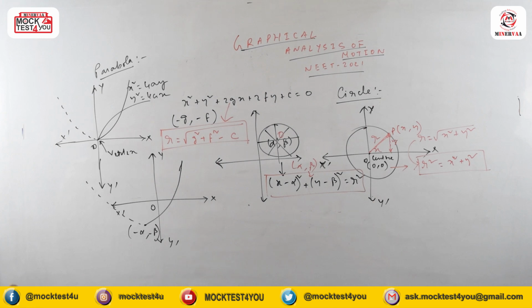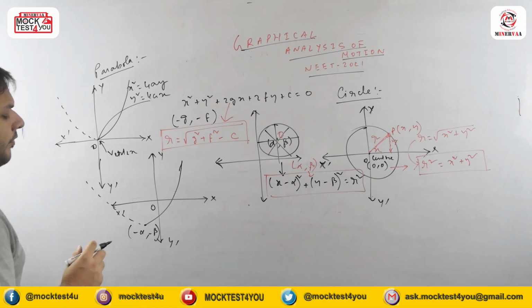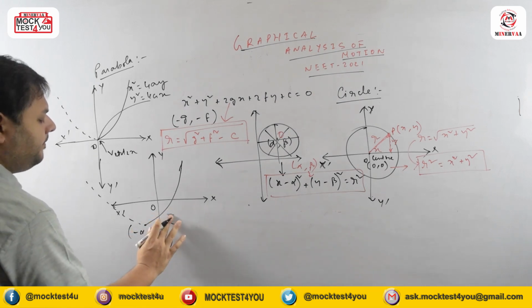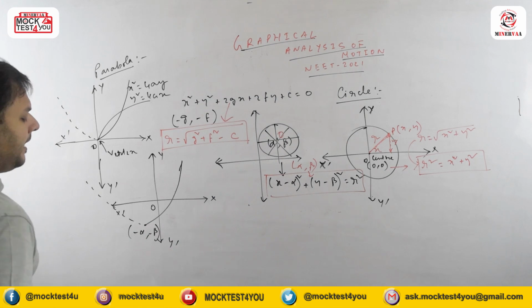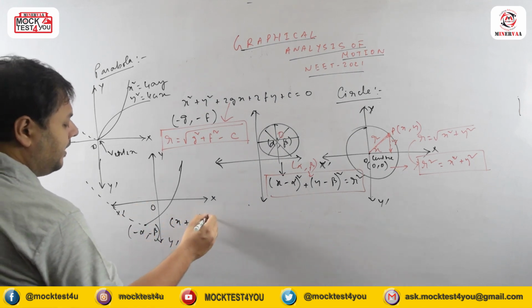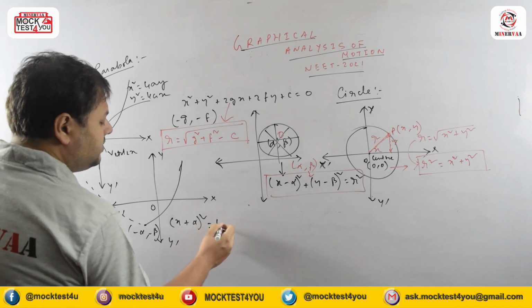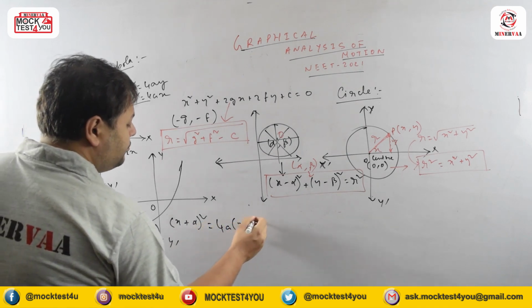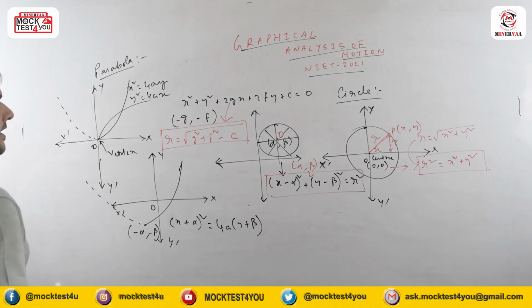So here the vertex is not at the origin, it is in the third quadrant, at minus alpha, minus beta. What will be the equation of the parabola? This will be x plus alpha whole square equals 4a into y plus beta. This will be the nature of the equation.